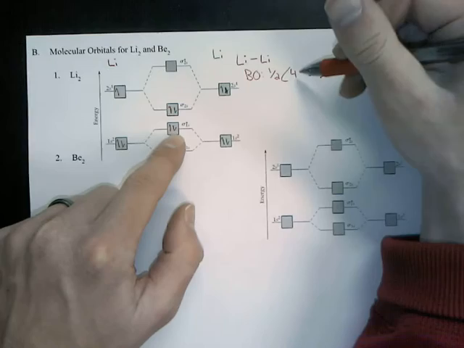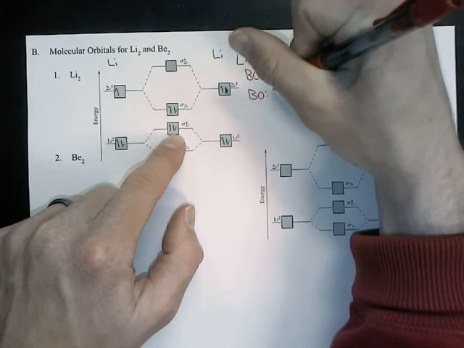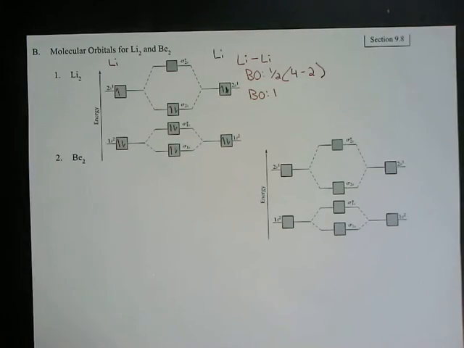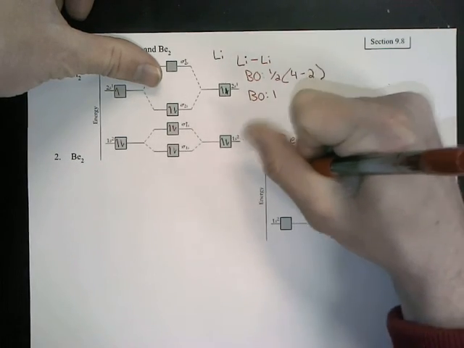So half of 4 minus 2 would give us a bond order of 1, and that is for your lithium atoms. Now, if we can apply the same thing to Be, we have to think about this.